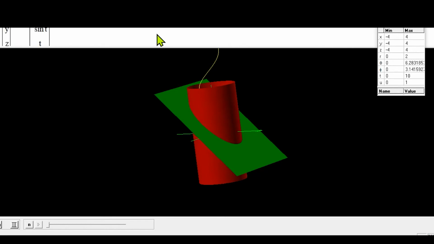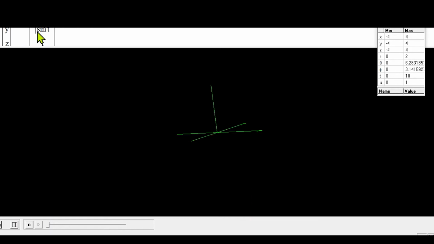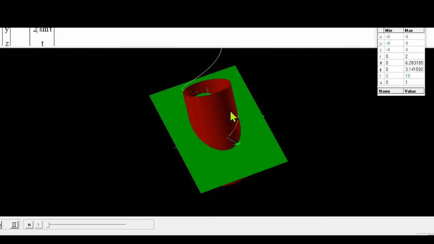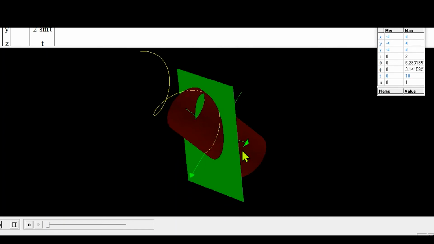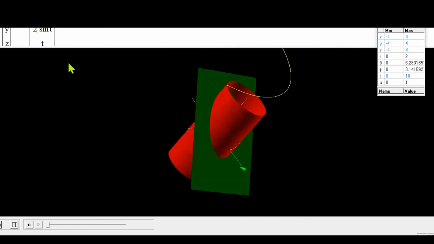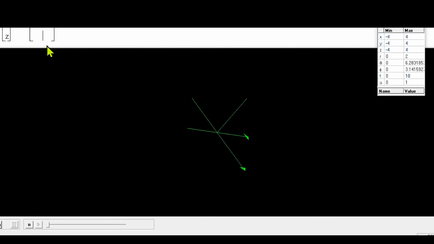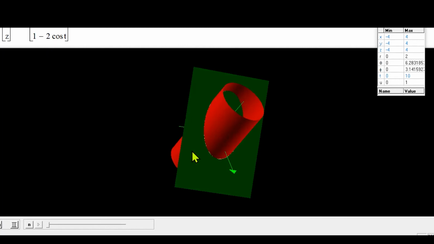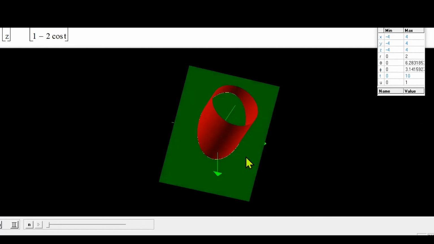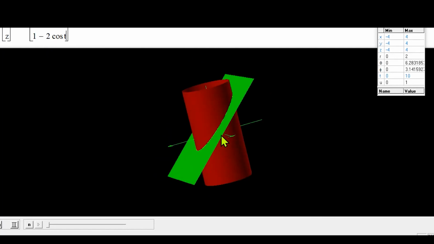So we go back here. We give the radius of 2. At least if I do it this way, it wraps around the cylinder. Do you see it? Okay. But this one now is 1 minus 2 cosine t. Ready? You see it? This ring around the cylinder at the intersection.